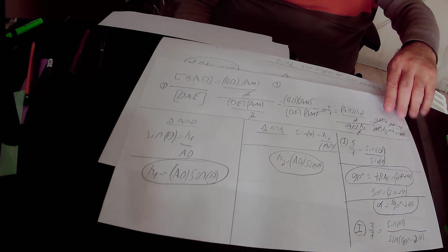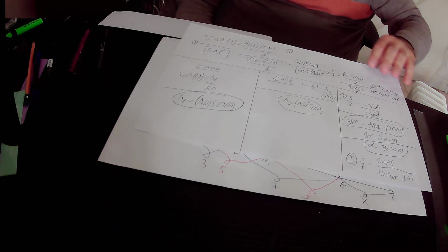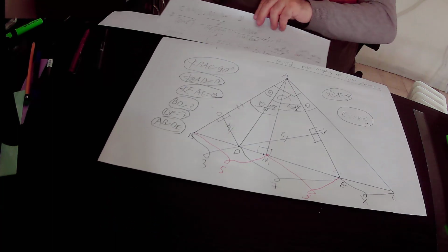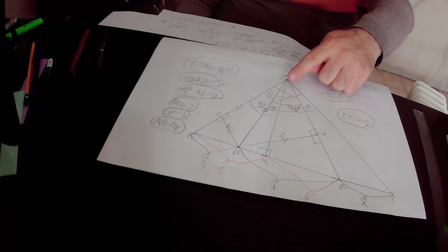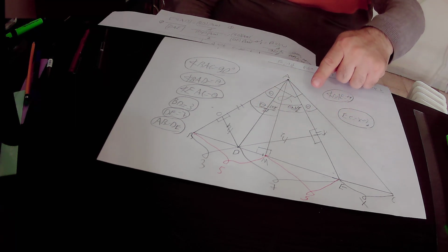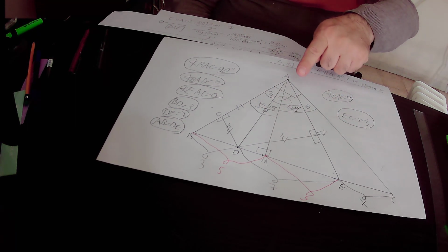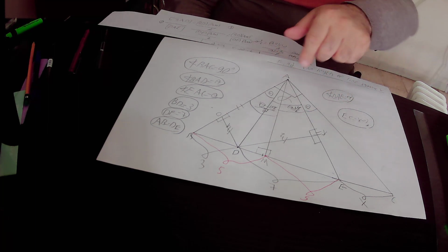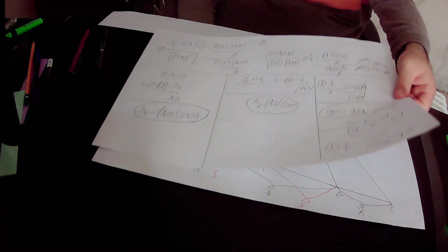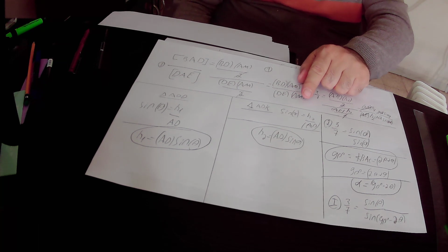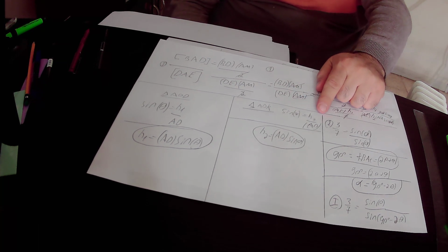What is the value of h2? Here we focus on the right triangle ADK. In the right triangle ADK, sine alpha equals h2 over AD.